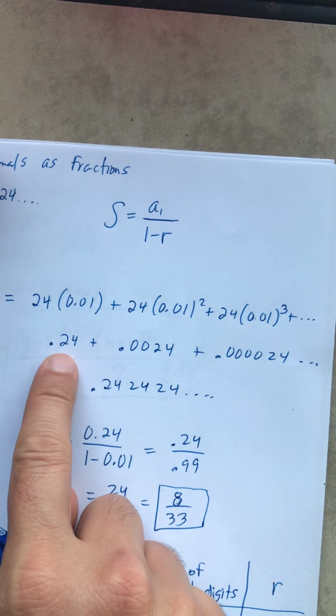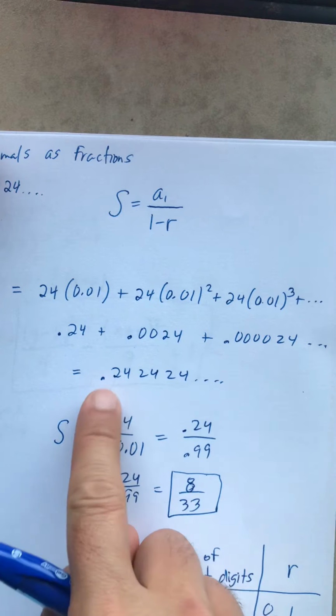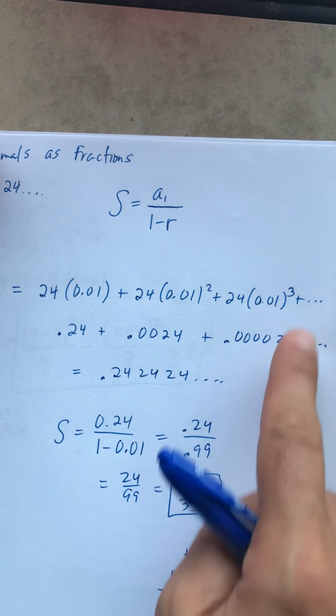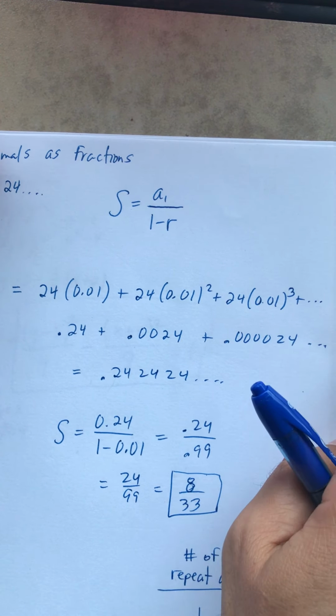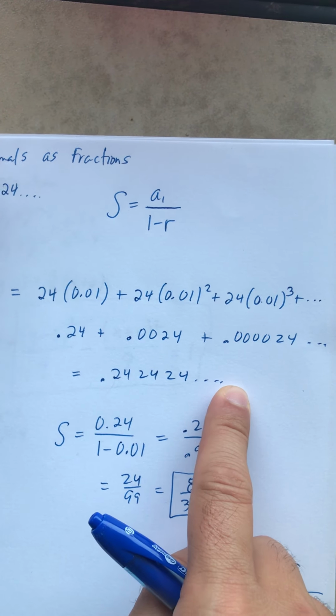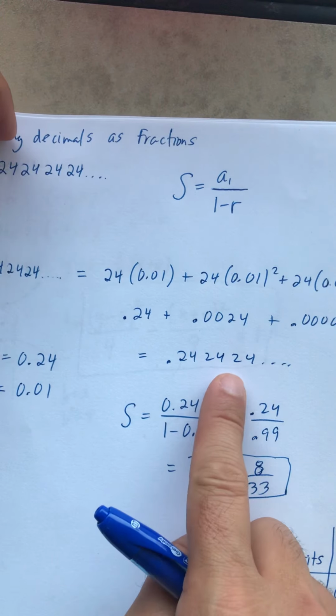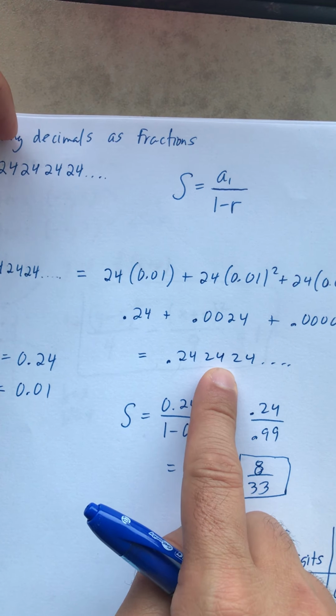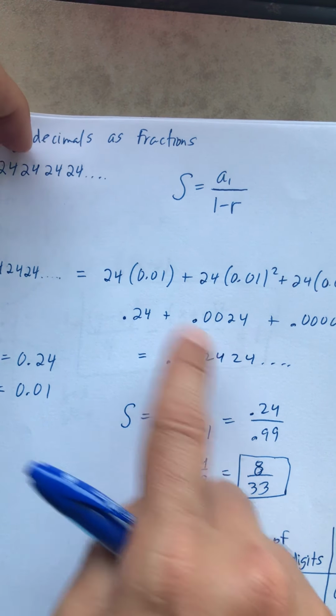And if I add this, this, and this, I get this. And that keeps going. The next one will be to the fourth power, to the fifth power, and it keeps going. And that's how you keep getting more and more digits. So this number is actually an example of a real-life infinite geometric series.